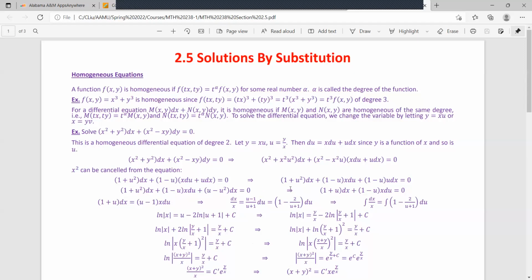So it's a little tedious. And you have to be familiar with the properties of exponents, natural logs, and those things quite a bit. Differentials. And you have to use some other techniques to solve the new differential equation. Namely, in this case, it's just a separable equation.